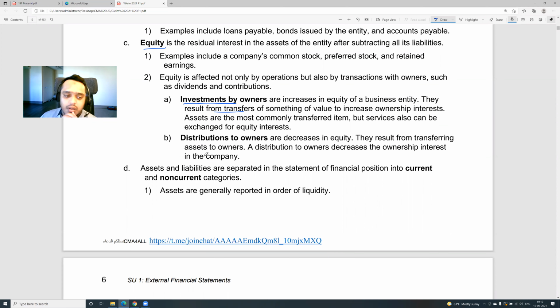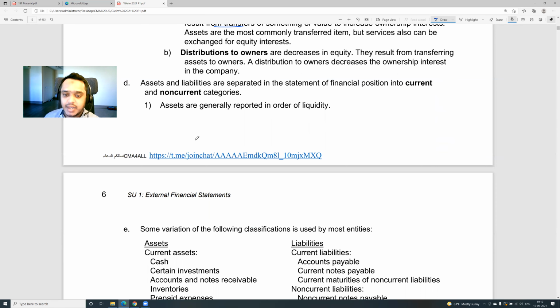In short, I hope this sounds basic, but I still want to go through it so that you have a brush-up over these topics, and maybe you will find something new as well. Assets and liabilities are separated into current and non-current.